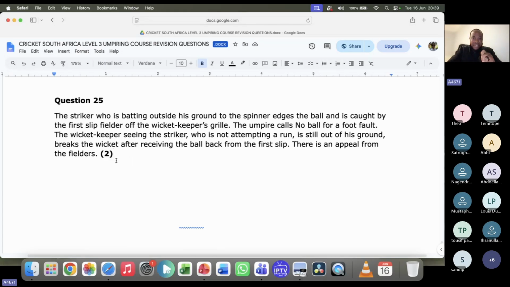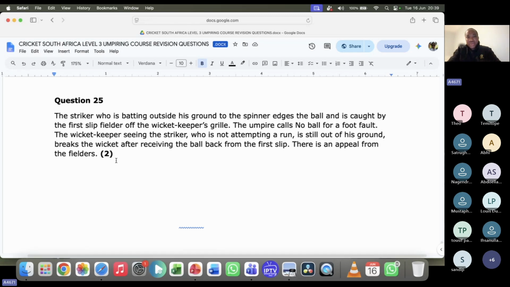Nagendra, if the wicketkeeper put the wicket down without the intervention of any other fielder, then you would be right. Because it was a no ball and because the striker was not attempting a run, if only the wicketkeeper put the wicket down on his own without the first slip fielder touching the ball, then the striker would be not out, run out.